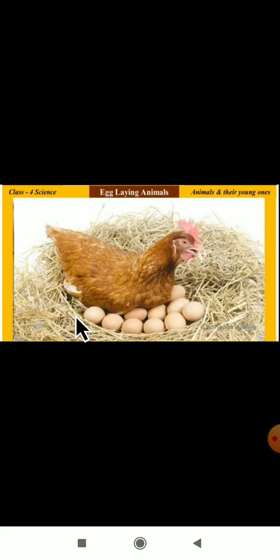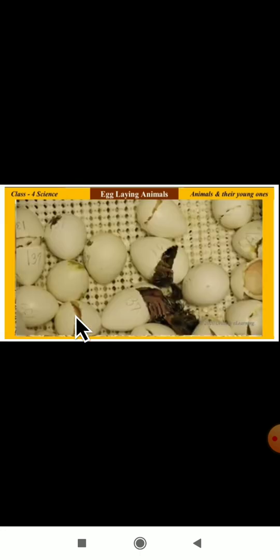This is all about the life cycle of a hen we have studied. This is the incubation process. Next we studied egg laying. Under the suitable condition, the baby chick will break the eggshell and in this manner come out of the egg.